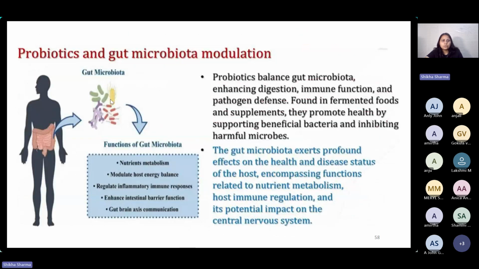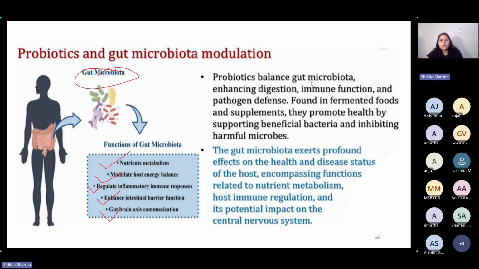If we talk about probiotics and their gut microbiota modulation, these probiotics help to improve the gut microbiota because they help in nutrient metabolism, modulate host energy balance, regulate inflammatory immune responses, and enhance intestinal barrier function and gut-brain axis communication.